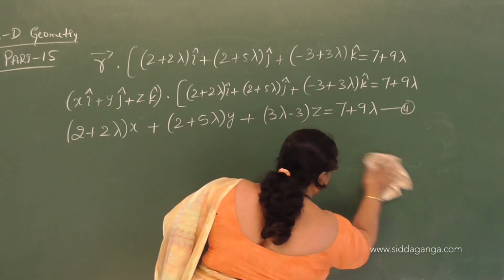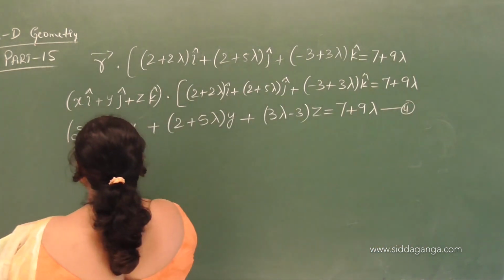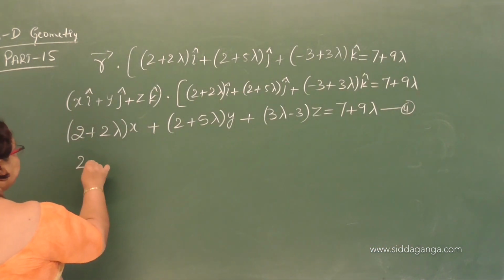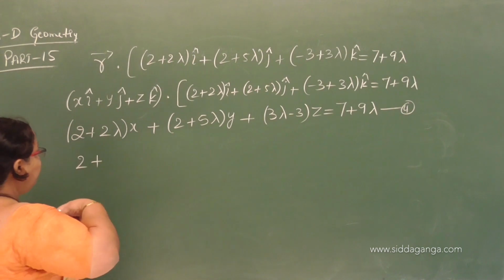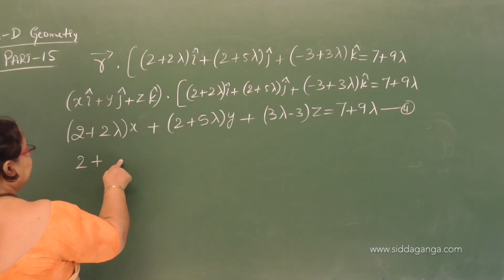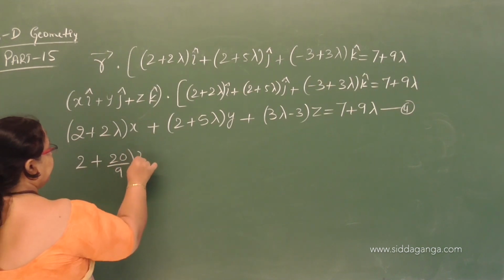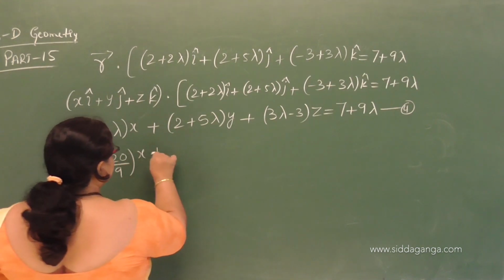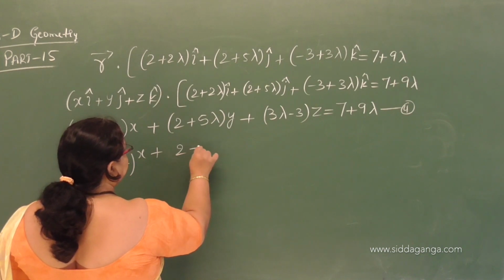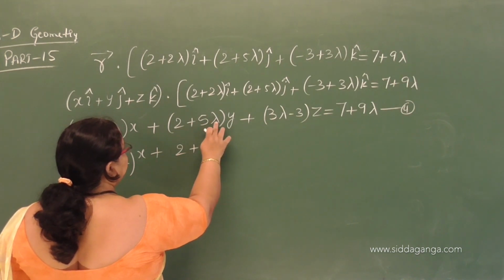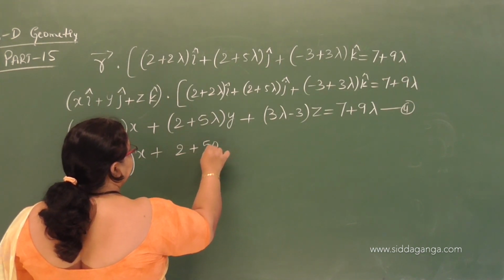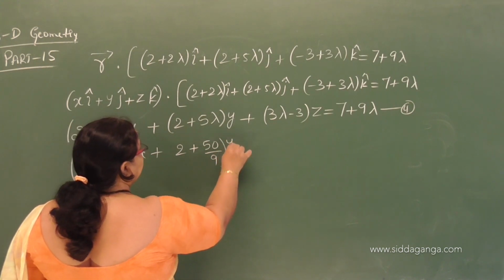Put it in and simplify. That is (2 plus lambda value 10 by 9, 10 2s are 20 by 9) into x plus (2 plus 5 into 10, that is 50 by 9) into y.